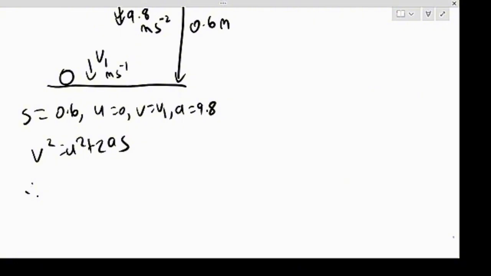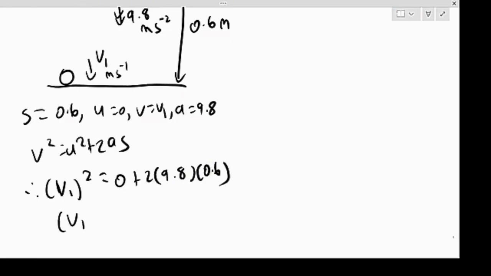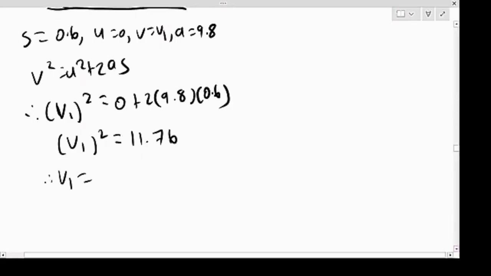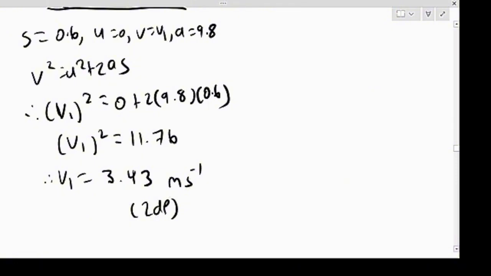So now V1 squared is going to equal 0, add 2 lots of 9.8, 0.6. So V1 squared is going to be 11.76. So V1, if I root that, I get 3.43. Okay, and there we are.